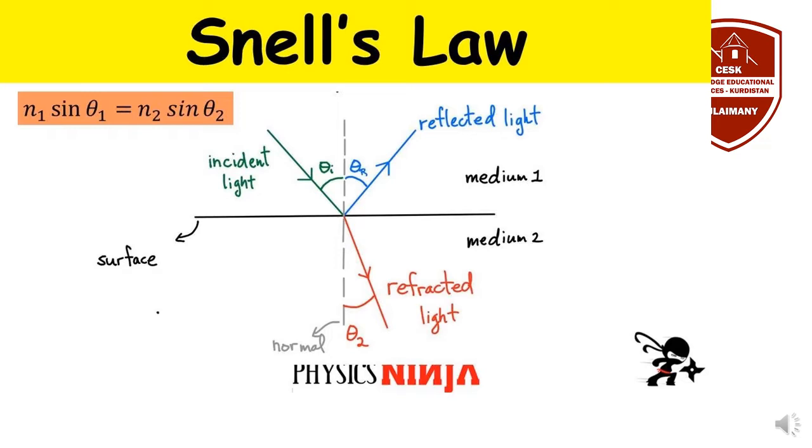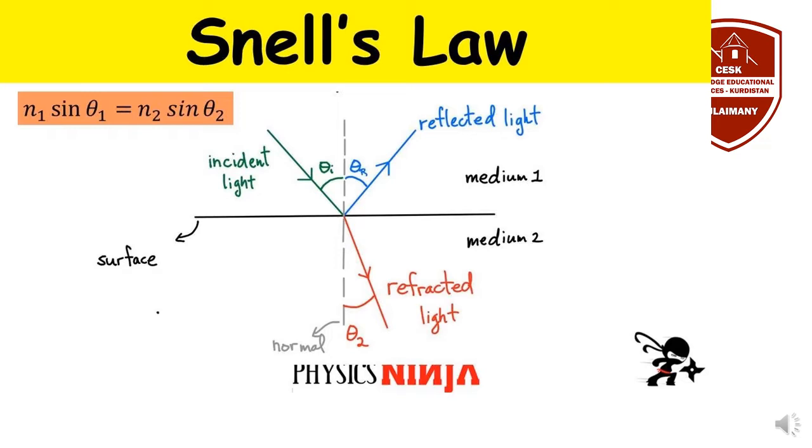So the incident ray comes from the first medium, then enters the second medium, n2. So from n1 to n2.